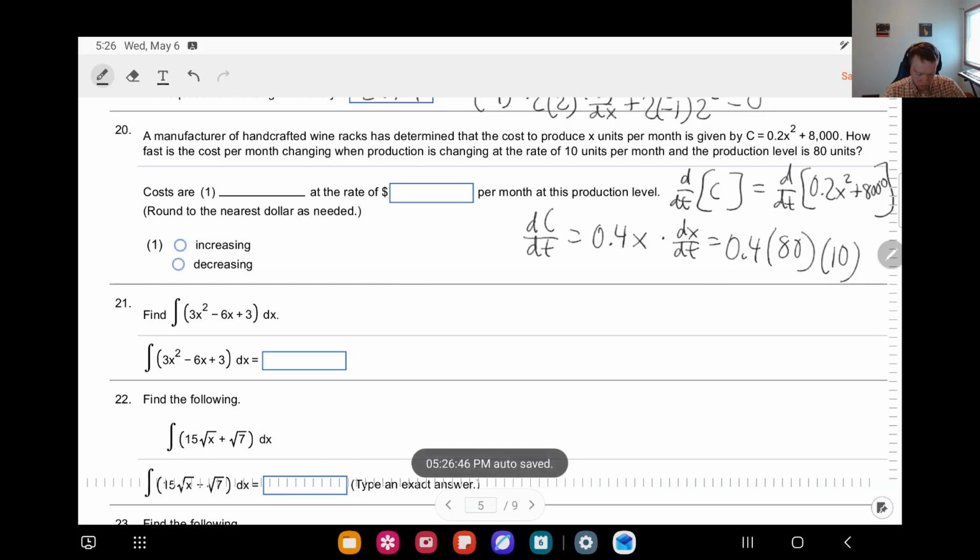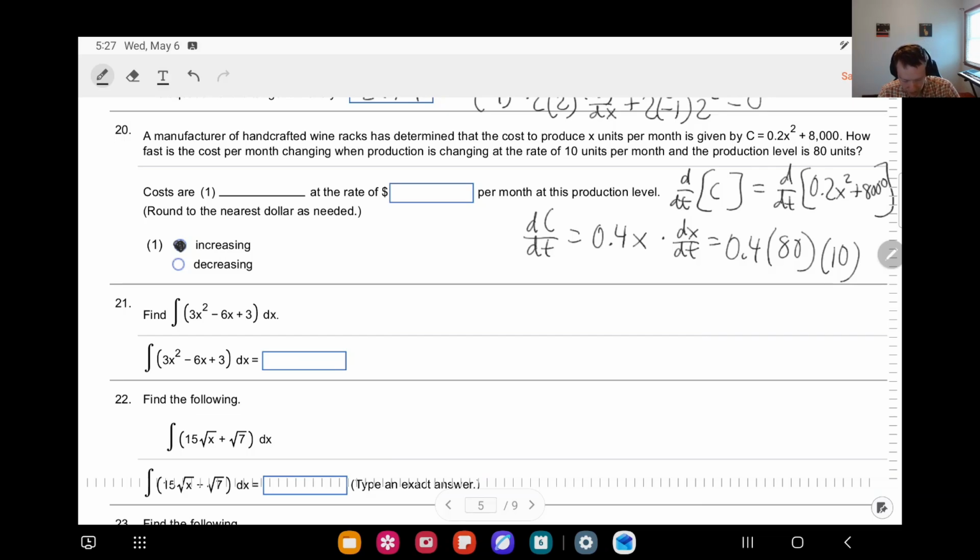So now what's going on here? Well, first, costs, are they increasing or decreasing? Well, we can tell that they're increasing because of the rate. The rate is positive. This is a positive number. So it's increasing.